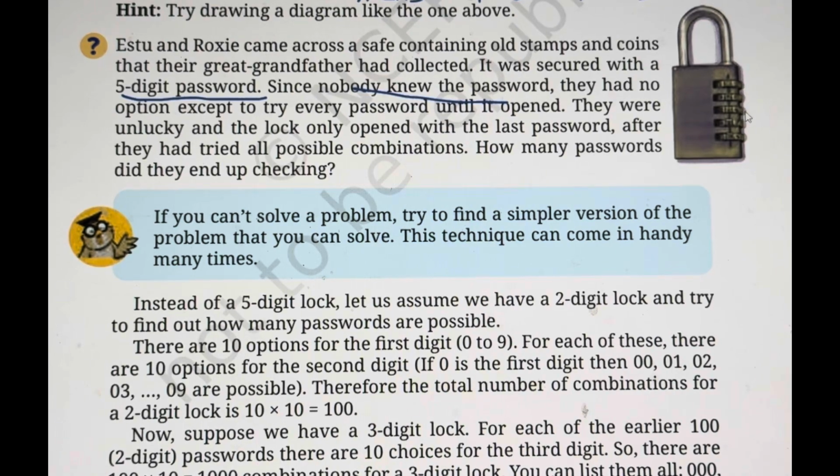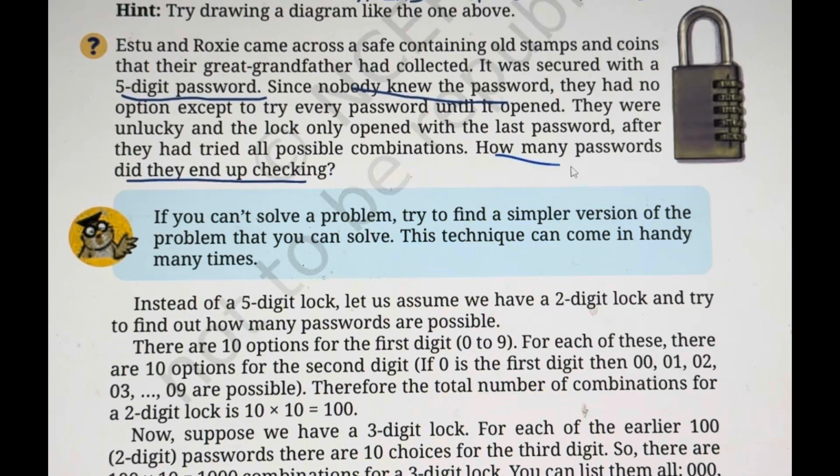You can see there are five: 1, 2, 3, 4, 5 possibilities. 5 possibilities means 5 digits are possible and then different combinations. They were unlucky. The lock only opened with the last password after they had tried all possible combinations. So how many passwords did they end up checking?